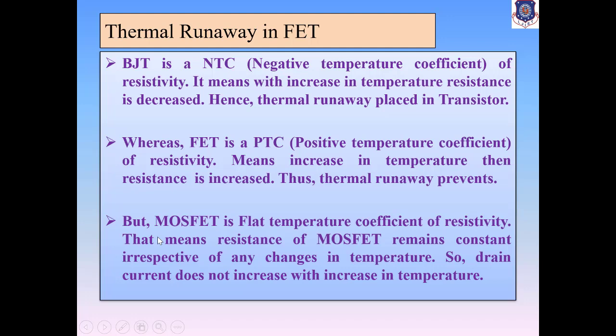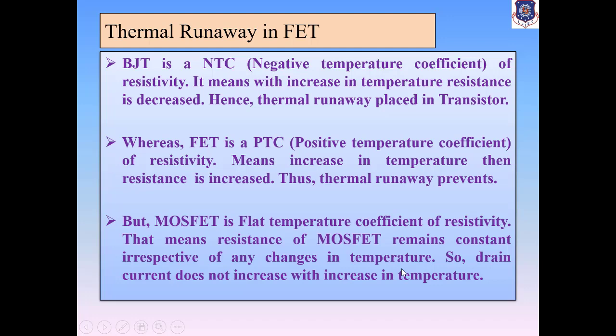But MOSFET has a flat temperature coefficient of resistivity. It is one of the most interesting points, dear students. MOSFET has a flat temperature coefficient of resistivity. That means the resistance of a MOSFET remains constant irrespective of changes in temperature.